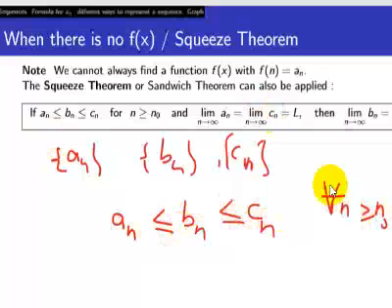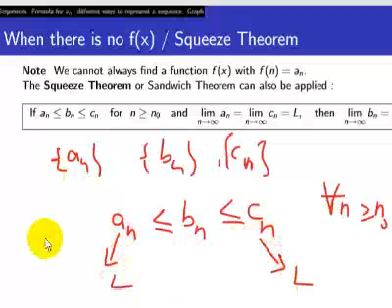So as we know that, and we are given this property too, as n tends to infinity, a sub n approaches L and c sub n also approaches L. Then what happens?